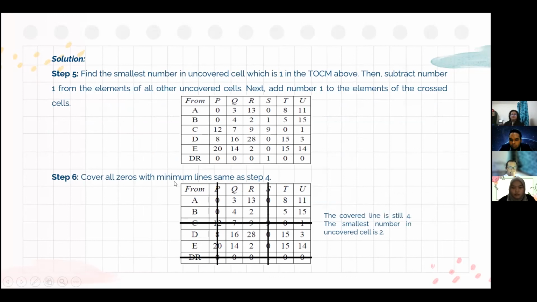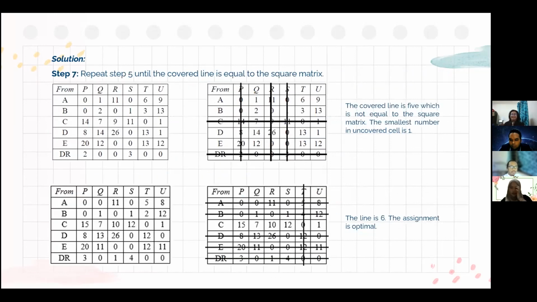And after that, we repeat step 4, which is to cover the zeros with the minimum lines. If we cover here, we still get 4 lines. So we proceed to find the smallest number.